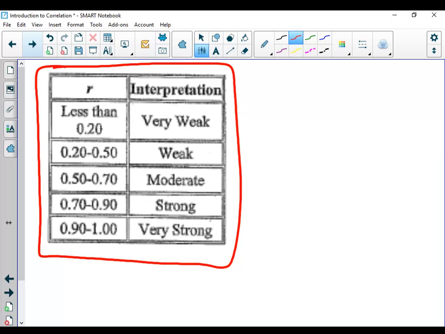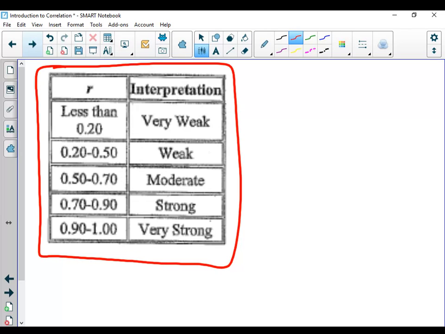Because if you get an R value of 0.8, I would expect you to say, well, that's strong. If you got an R value of 0.15, well, I would expect you to say that's very weak. Not just weak, but very weak. Okay? So I'm going to base all my correlation descriptions off of this table here. So that's why you're going to have that table in.